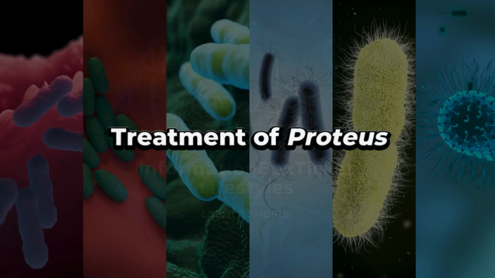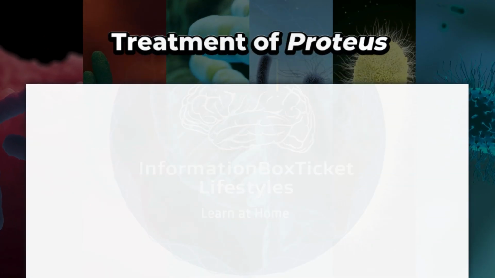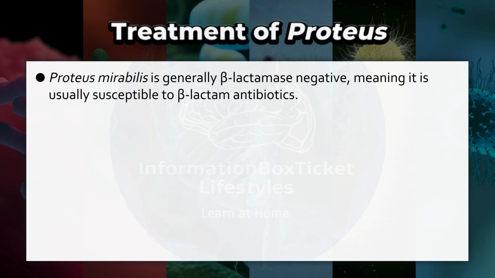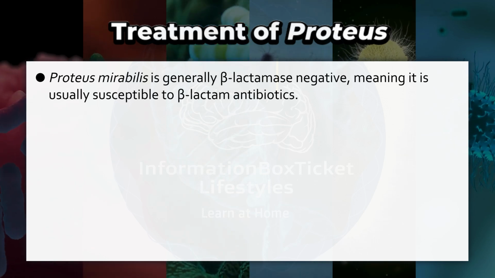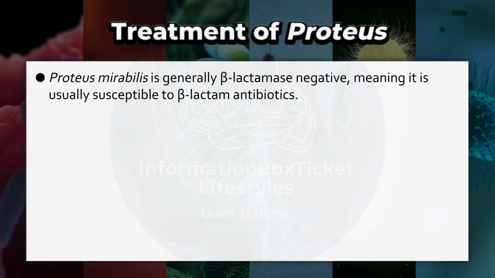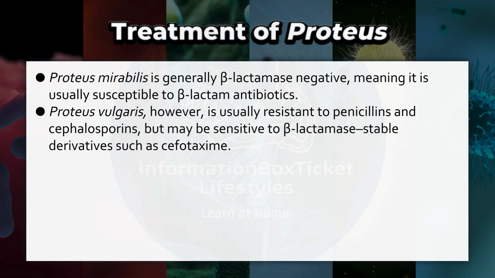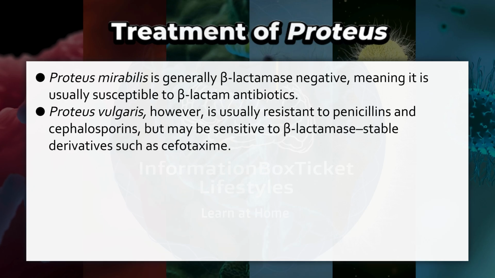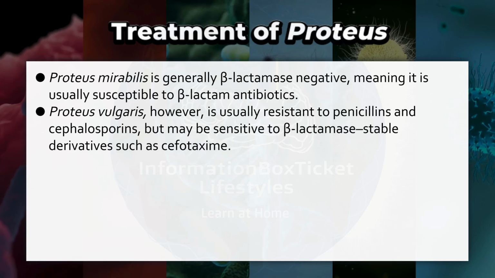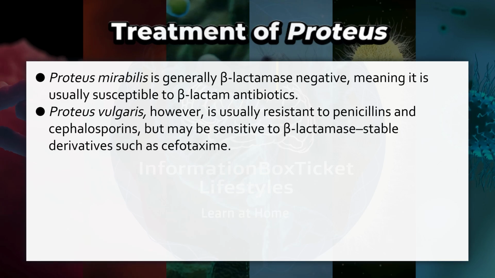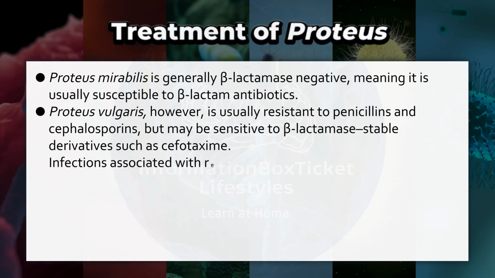Treatment of Proteus. Proteus mirabilis is generally beta-lactamase negative, meaning it is usually susceptible to beta-lactam antibiotics. Proteus vulgaris, however, is usually resistant to penicillins and cephalosporins, but may be sensitive to beta-lactamase stable derivatives such as cefotaxime.